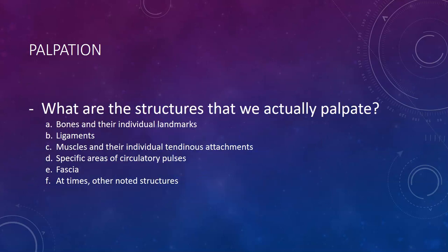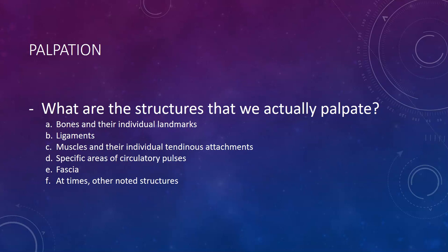So what is it we actually palpate when we're touching our patient? It could be a number of things, and a lot of them all at the same time. We palpate bones and their individual landmarks, so any lumps, bumps, grooves, indents, whatever it may be. We can palpate ligaments. We can palpate the muscle belly, and then running out to their edges, we can palpate their individual tendinous attachments.